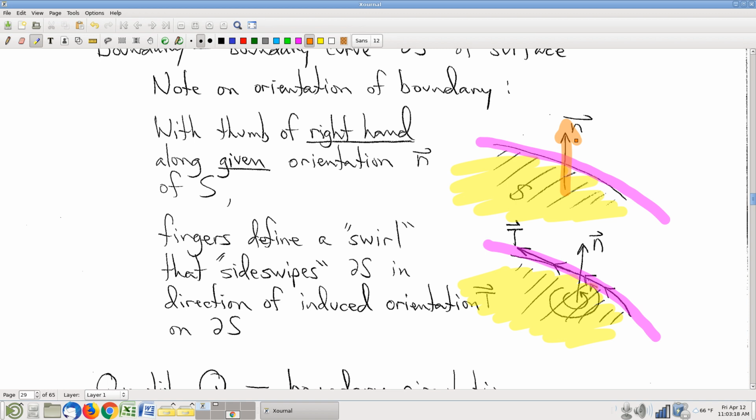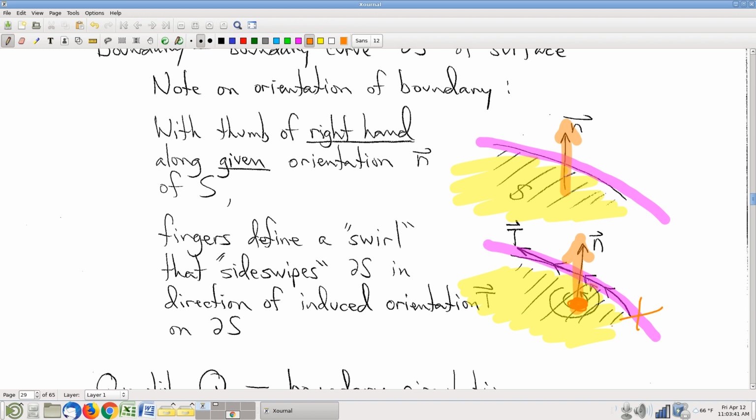Here's the rule. Given that oriented surface, that orientation is described by a normal vector. Take that orientation vector, and specifically find a point near the boundary. Very importantly, not on the boundary. You can't put it on the boundary.